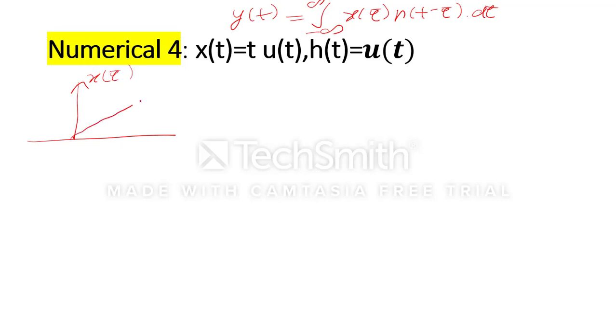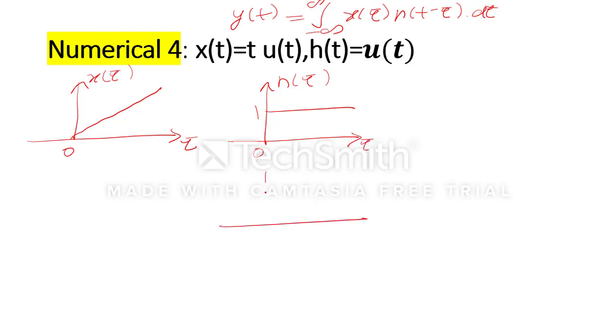It looks like this. This is my tau axis, 0. So h(tau) will be the same unit step signal, 0, 1, tau. Now if I perform the folding operation, it will become h(minus tau). It will come towards the left side.